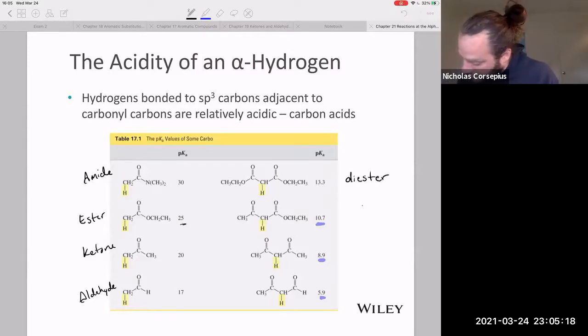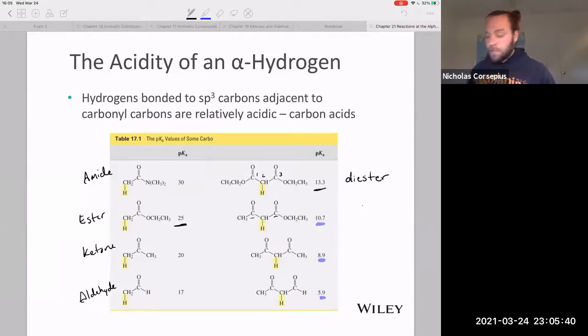If we compare the pKa of an ester to that of a diester, with the carbonyls located 1, 2, 3 carbons apart, that alpha hydrogen in the middle is that much more stabilized, right? So anytime you have two carbonyl groups separated by just one carbon, the hydrogen in between those groups is significantly more acidic.